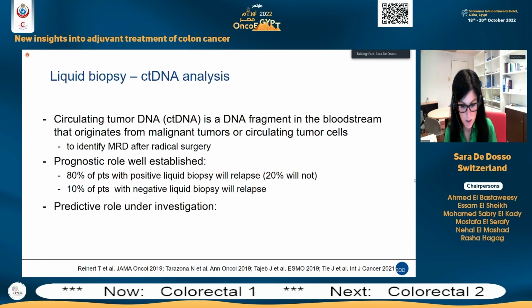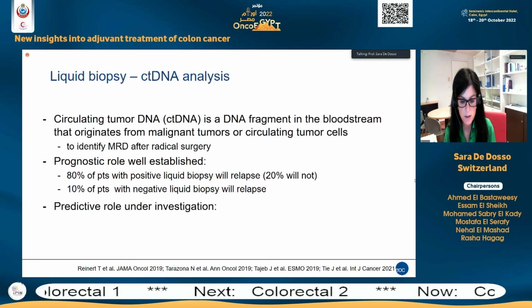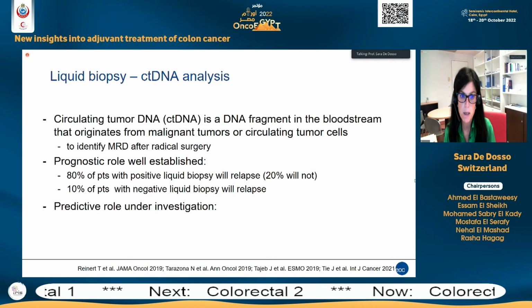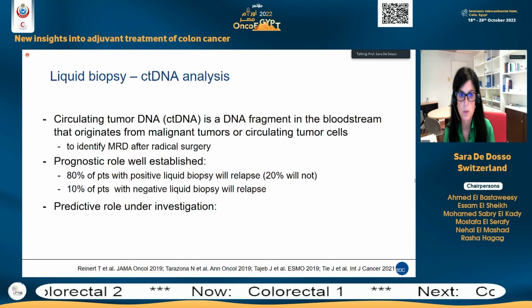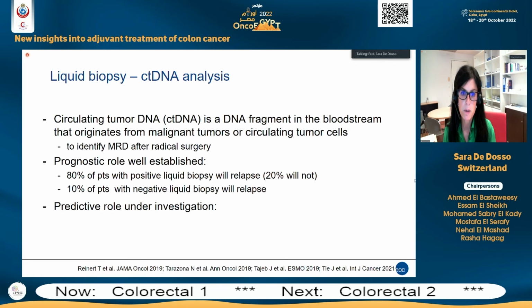We know that ctDNA analysis is directly evaluated for the evidence of minimal residual disease after radical surgery. So we already know that ctDNA analysis is useful in identifying this MRD after surgery, and its prognostic role has also been demonstrated.